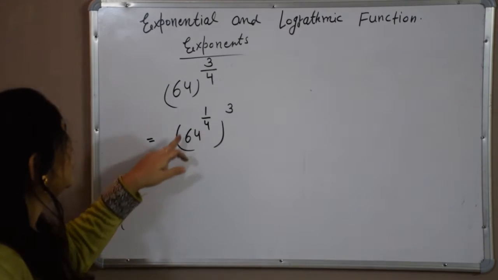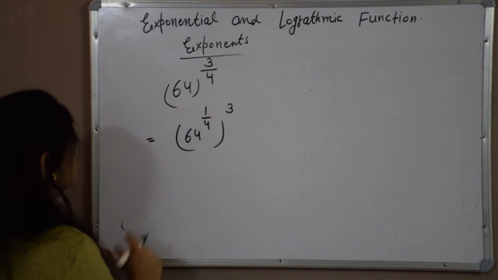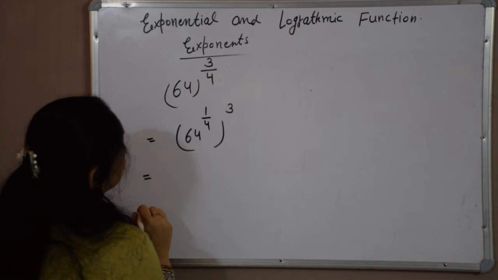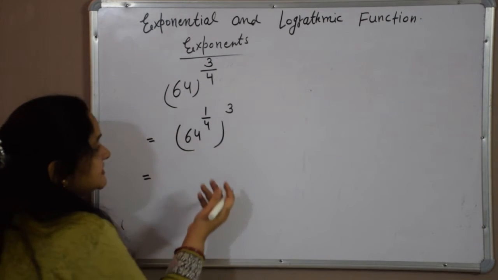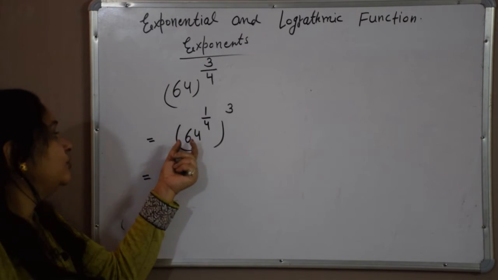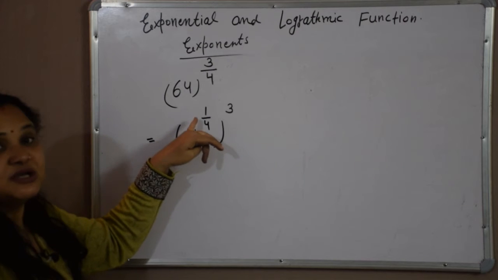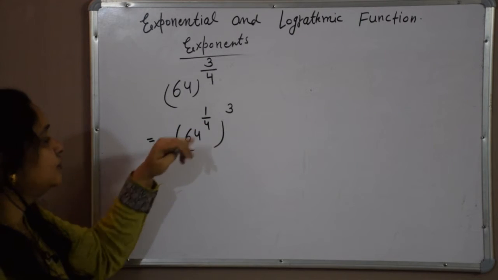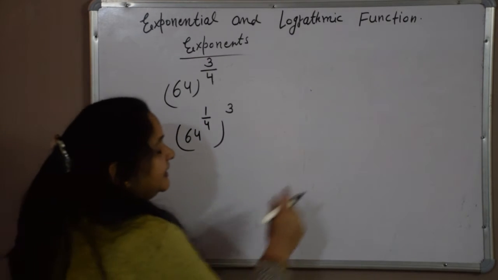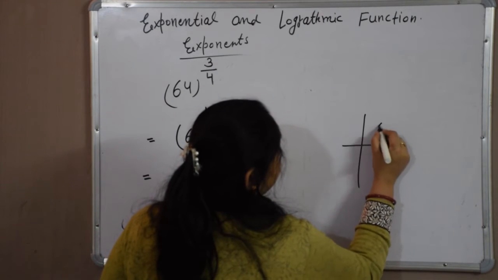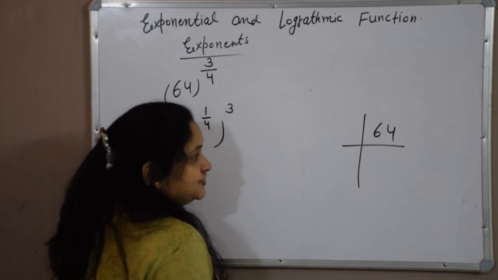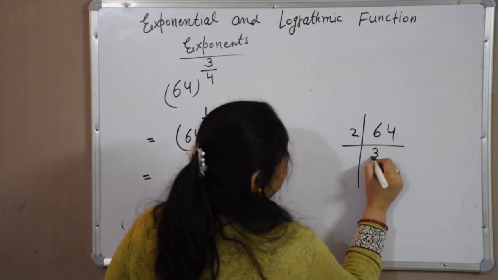So 64 raised to power 1 by 4 raised to power 3 is equal to... I have to write 64 in terms of 4, so that we can cancel out 4 with 1 by 4. If you can't understand directly, you can use the factorization method. We will make the factors.